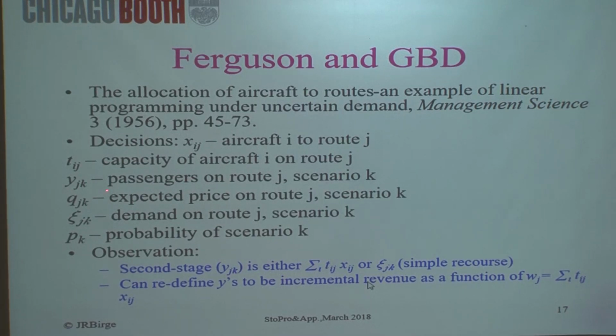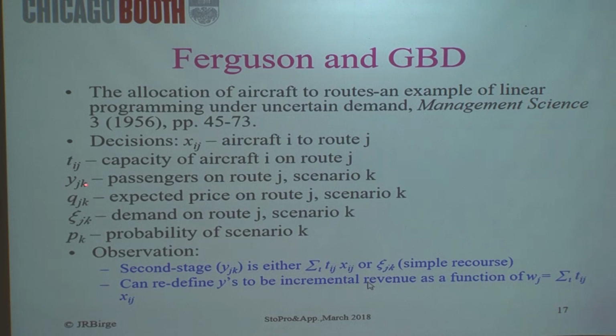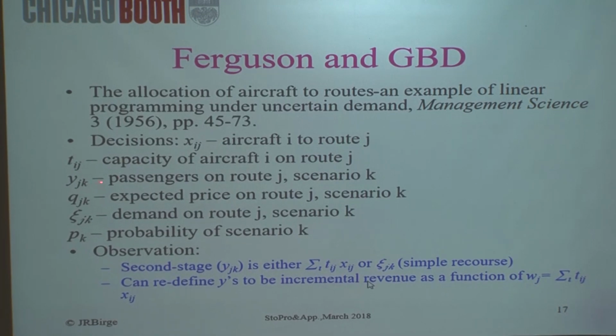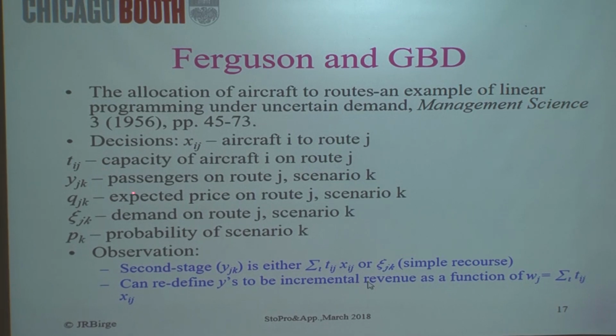This is the actual number of passengers that I take, where I note that the y variable, this is the decision afterwards, again, can't be any bigger than either the demand or the capacity. So it's limited by the minimum of the demand and the capacity.